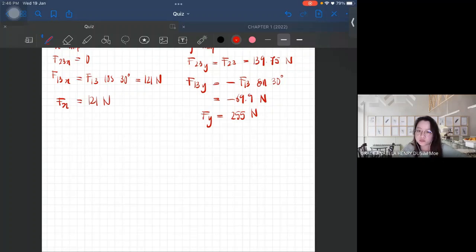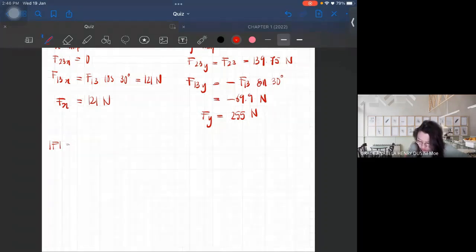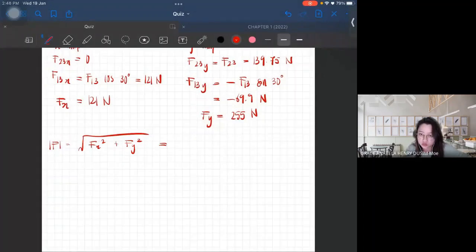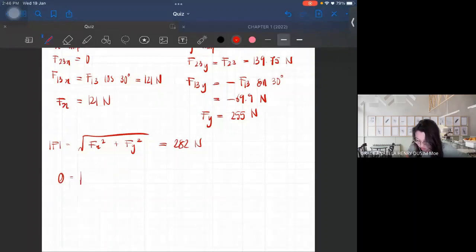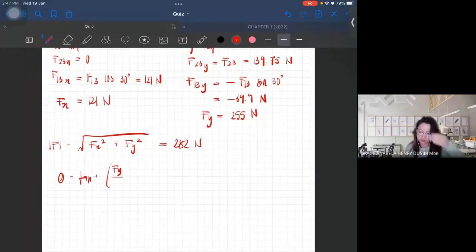Lepas tu bolehlah calculate the magnitude, square root of Fx square plus Fy square, which is equal to 282 Newton. Lepas tu angle is inverse tangent Fy over Fx, equal to 64.6 degree.